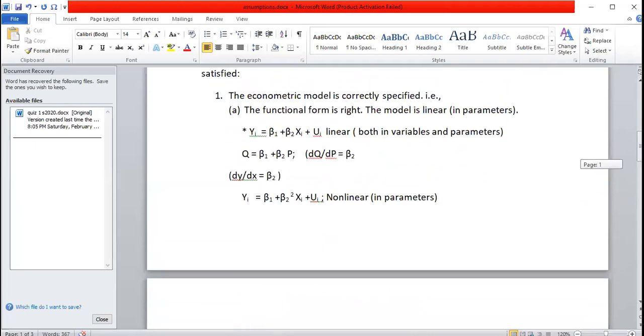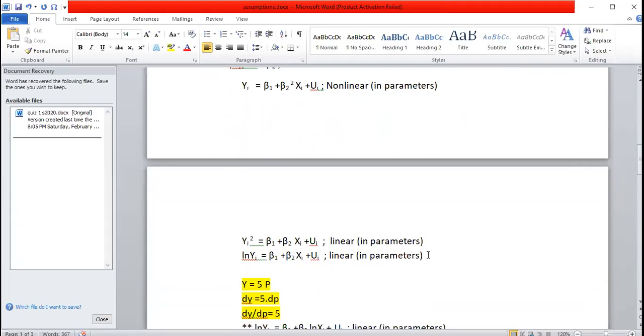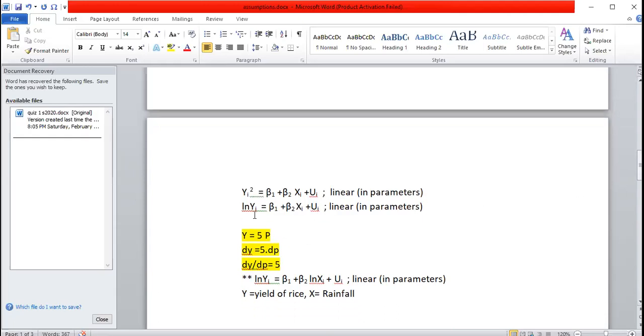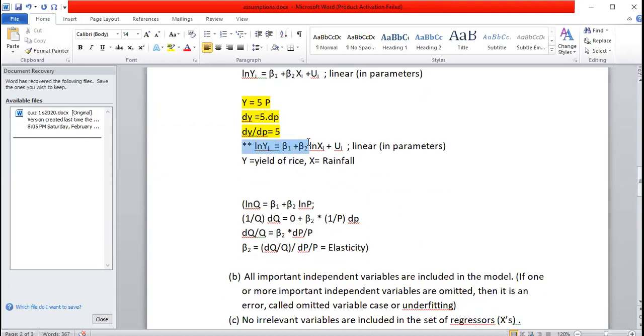But then when you say linear in parameters, you can ask, how about in variables? In variables, it can be non-linear. That is allowed. OLS can handle that. OLS can give good results even with non-linear in variables. Two important models that are non-linear in variables but linear in parameters: one is the log on the left-hand side, another is the log on both sides.